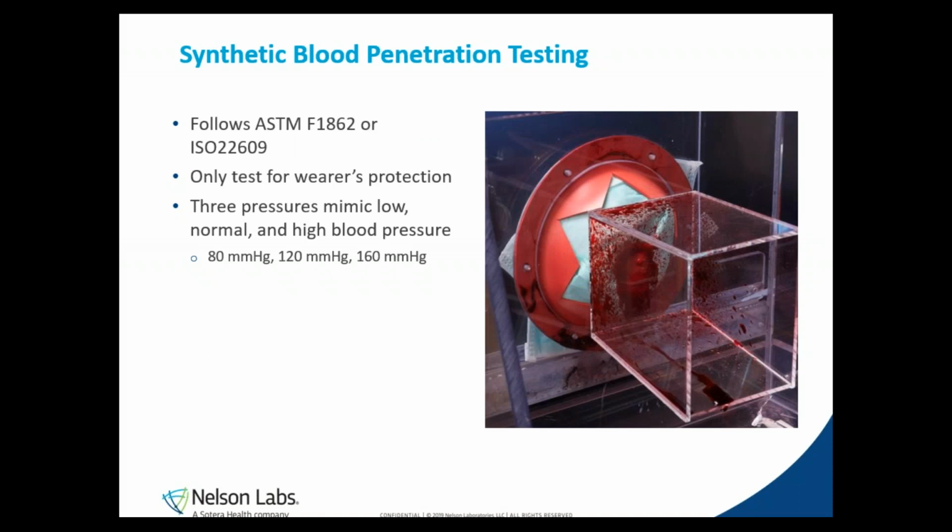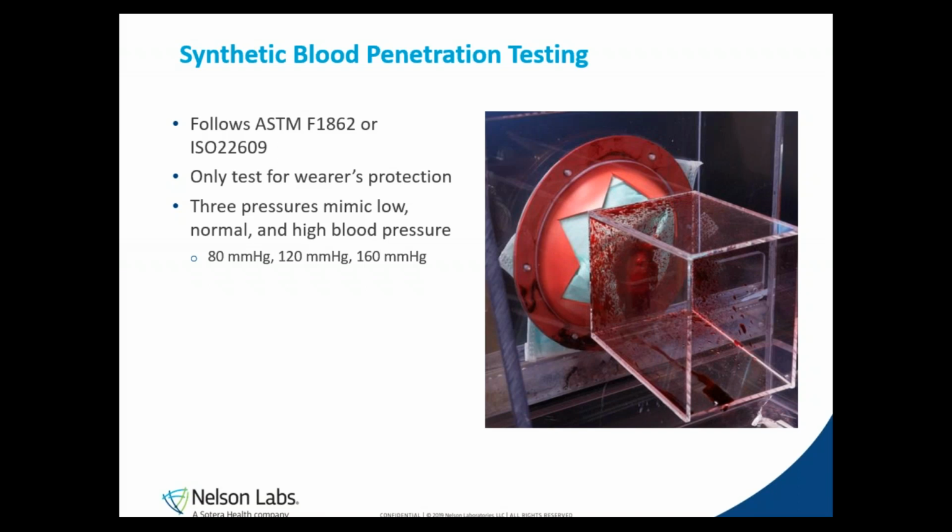Synthetic blood penetration testing is the one test that uses the outside of the face mask as the challenge side. This test follows ASTM F1862 or ISO 22609 and is to evaluate how well the face mask protects the wearer from a spurt of blood.